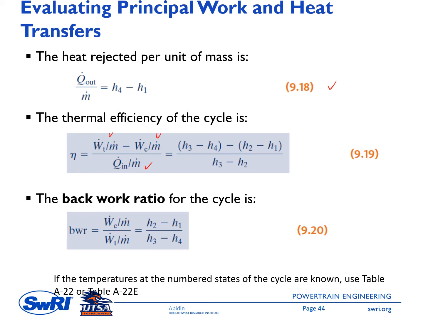So equation 9.19. And then the back work ratio for the cycle is the ratio of the compressor work over the turbine work. And you will see later on in the example that the back work ratio for a gas turbine power system is much higher than the back work ratio for a Rankine cycle.